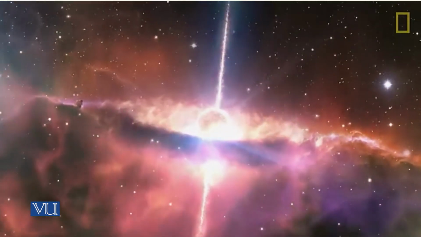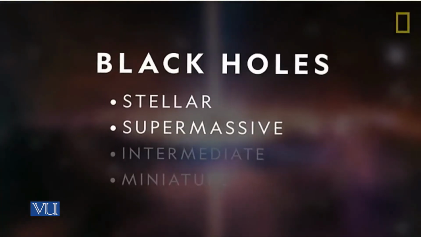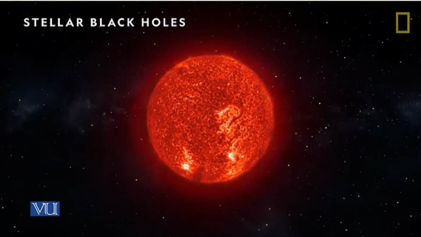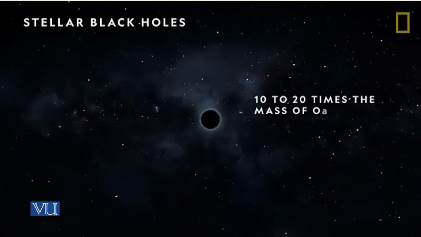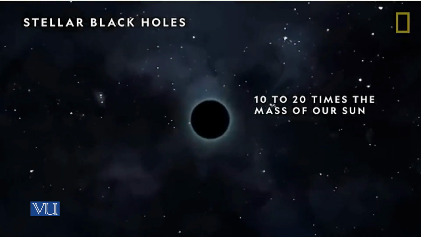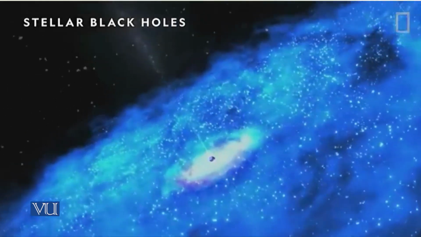Scientists have theorized several different types of black holes, with stellar and supermassive black holes being the most common. Stellar black holes form when massive stars die and collapse. They're roughly 10 to 20 times the mass of our sun and scattered throughout the universe. There could be millions of these stellar black holes in the Milky Way alone.